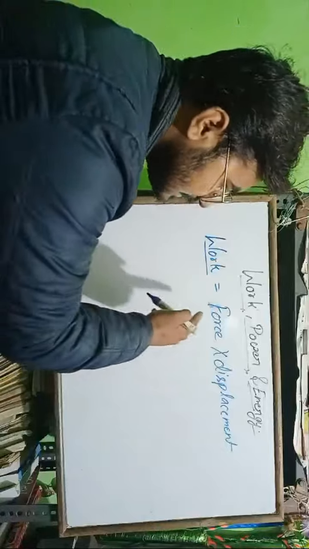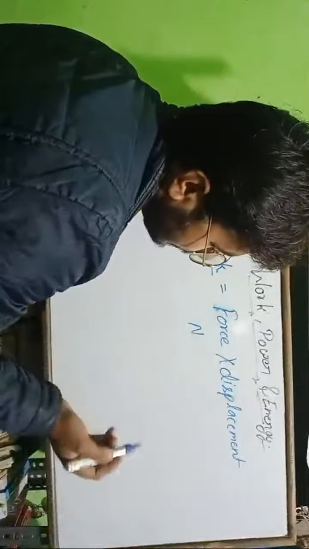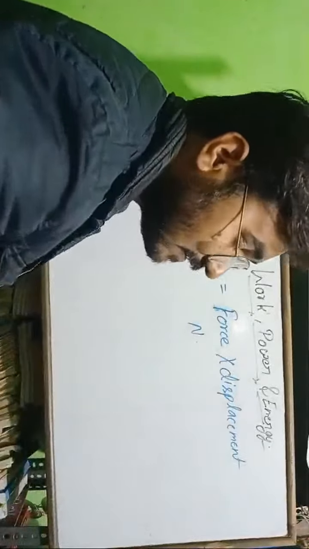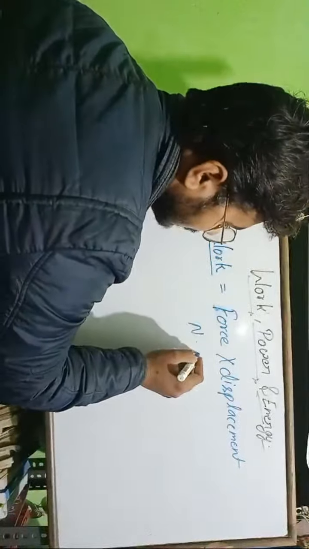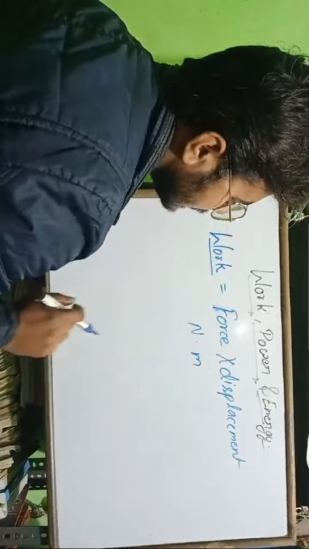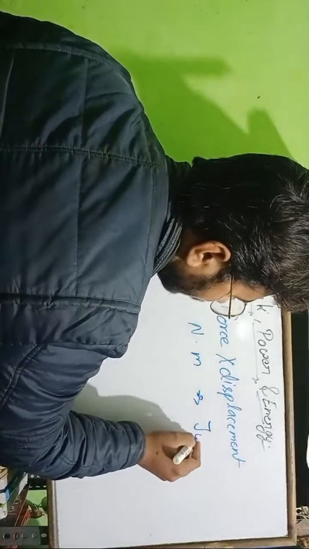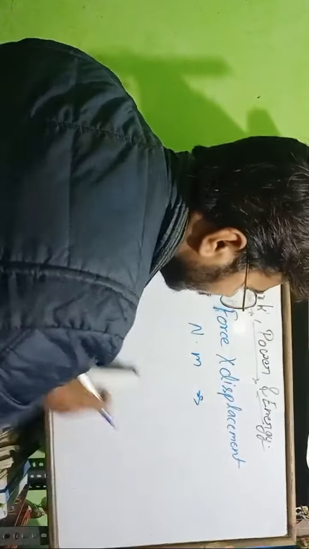So what is the SI unit of force? That is Newton. What is the SI unit of displacement? That is meter. So that comes to Newton meter, and that is equivalent to Joule.